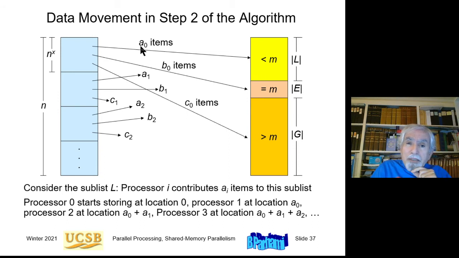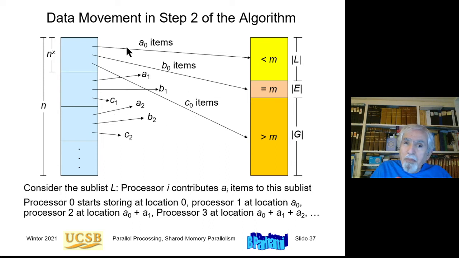I'll just show you this yellow part, elements that are less than m, and the other two will be similar. This processor knows that it will contribute A0 items to this list. This one contributes A1 items, and this one contributes A2 items.